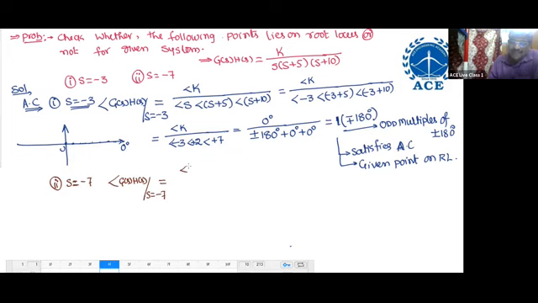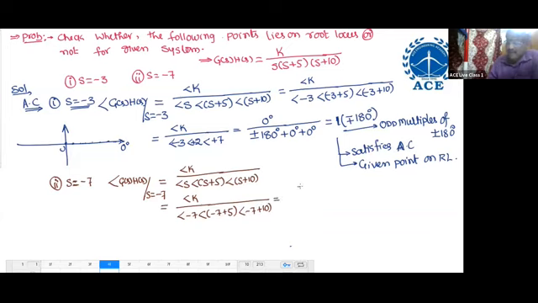So angle of K by angle of S, angle of S plus 5, angle of S plus 10, angle of S plus 10, equals angle K by angle of minus 7, angle of minus 7 plus 5, angle of minus 7 plus 10, minus 7 plus 10.